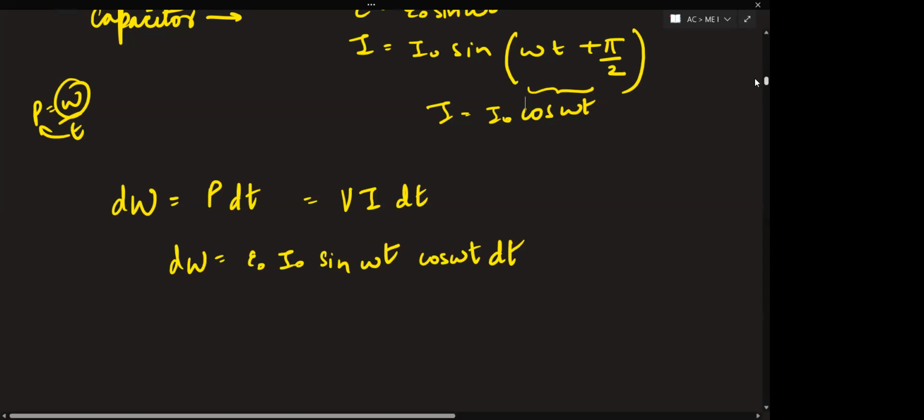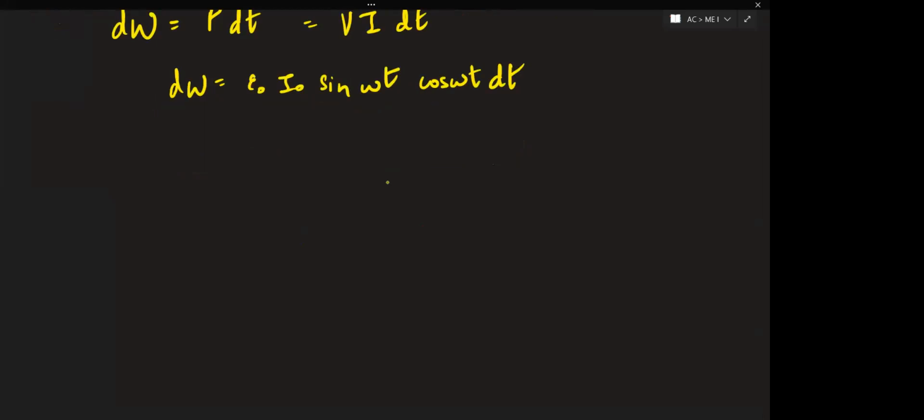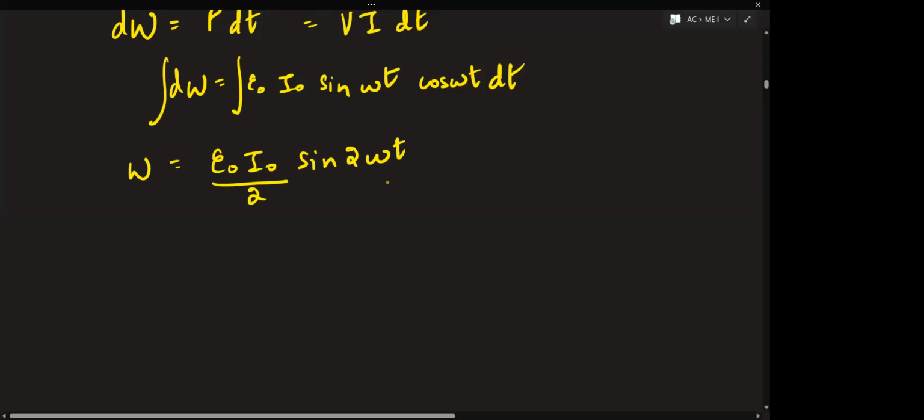Now, if I want to find out the total work done, I just have to integrate both the terms. So work done will be what? See, class, before we integrate this, sine omega t cos omega t can directly be written by the identity as sine 2 omega t by 2.